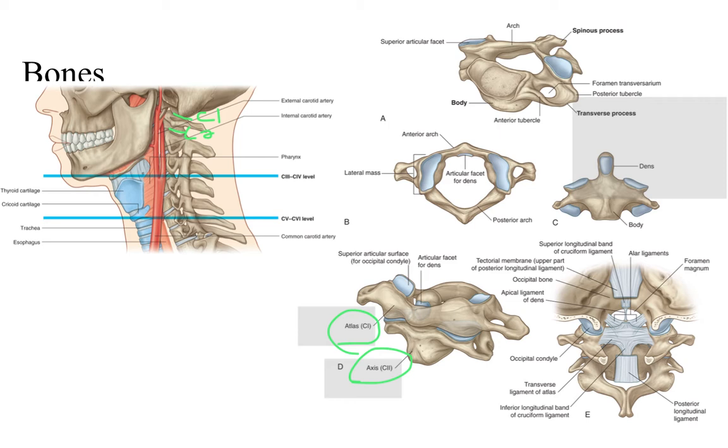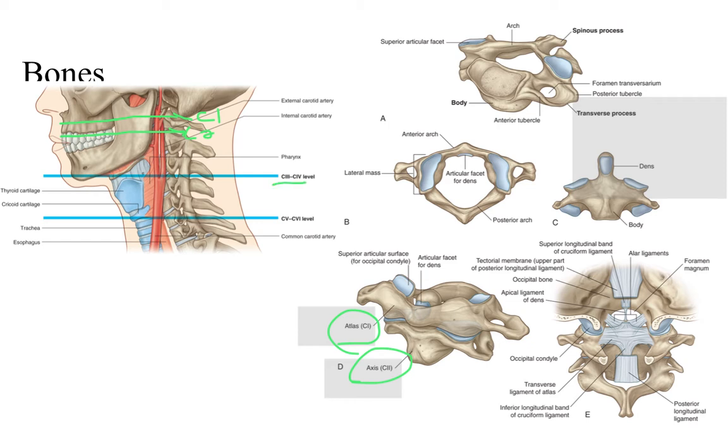And you notice that they are in alignment with about the level of the maxilla right here. So C1 with the maxilla, C2, the upper teeth in the maxilla, or maxillary teeth, if you will.